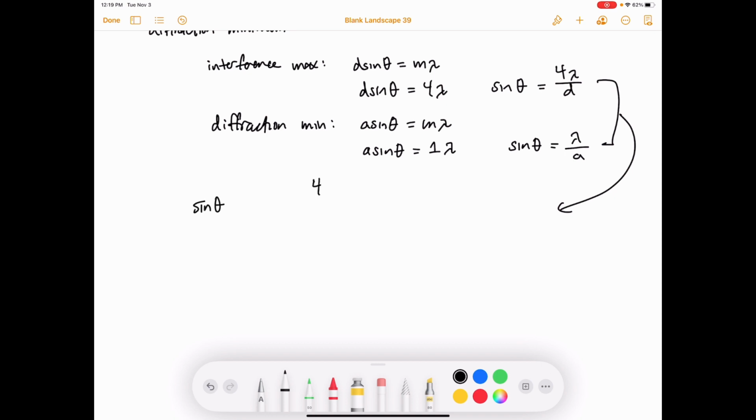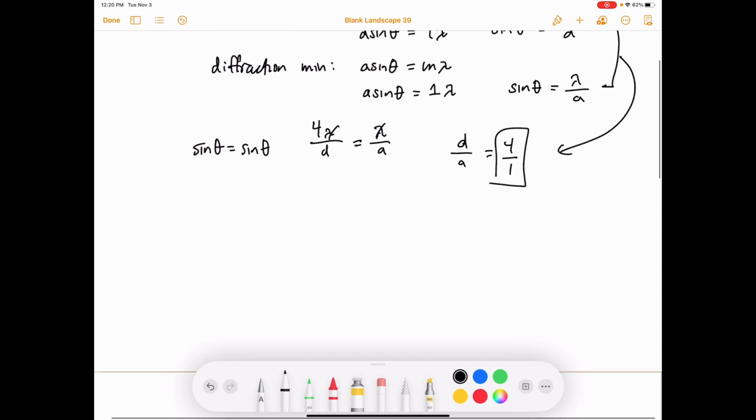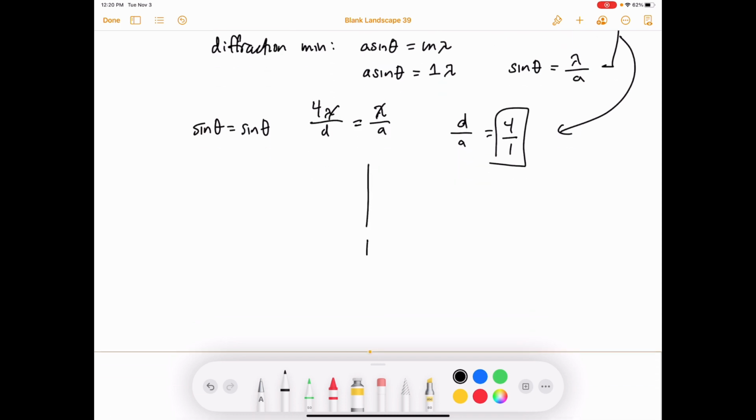Sine theta is equal to sine theta, giving us 4 lambda over d equals lambda over a. So d over a is 4. So it's a 4-to-1 ratio between the spacing between the slits d and the actual width of the slits a. So d over a is a 4-to-1 ratio in this case.